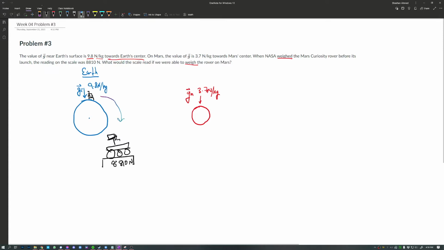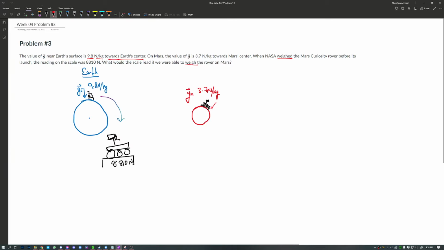And the question is, if we do the same thing on Mars, where the Curiosity rover is hanging out on Mars on a scale, and just to be fancy about it, I'm going to label my G weird.